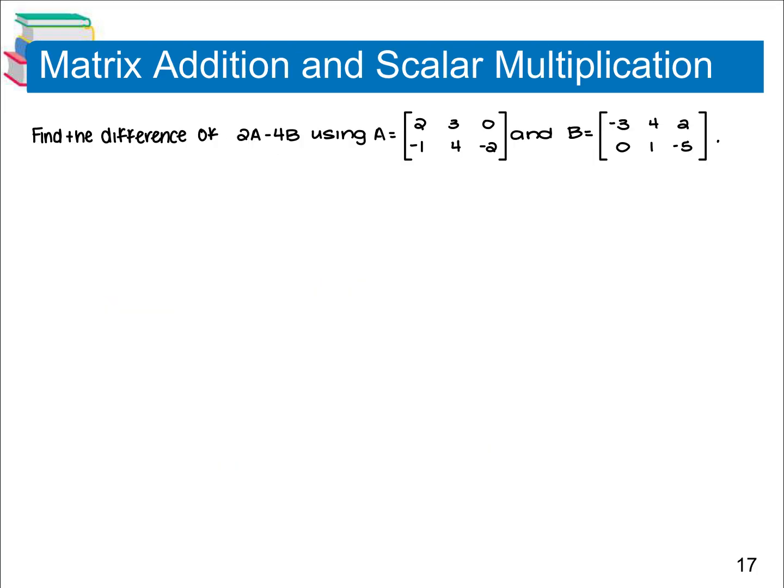For our next example, we're finding the difference of 2 times A minus 4 times B. So we're going to do 2 times the matrix of 2, 3, 0, negative 1, 4, negative 2, minus 4 times the matrix of negative 3, 4, 2, 0, 1, negative 5.